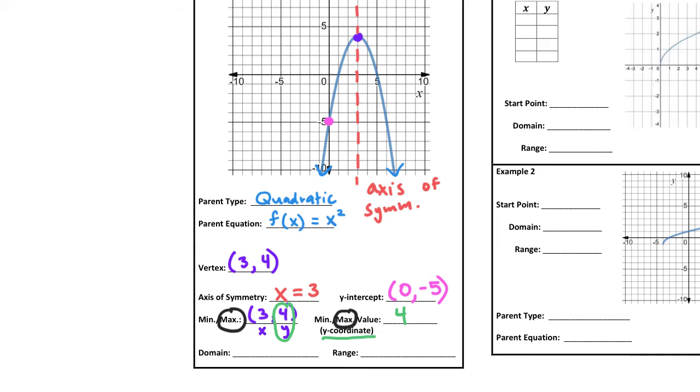Okay. Let me fill this in. Yeah. And put this back here. It's kind of editing. But yeah, so there's the max value. Domain and range. Remember, domain goes from left to right. So let me pull out a tool here.